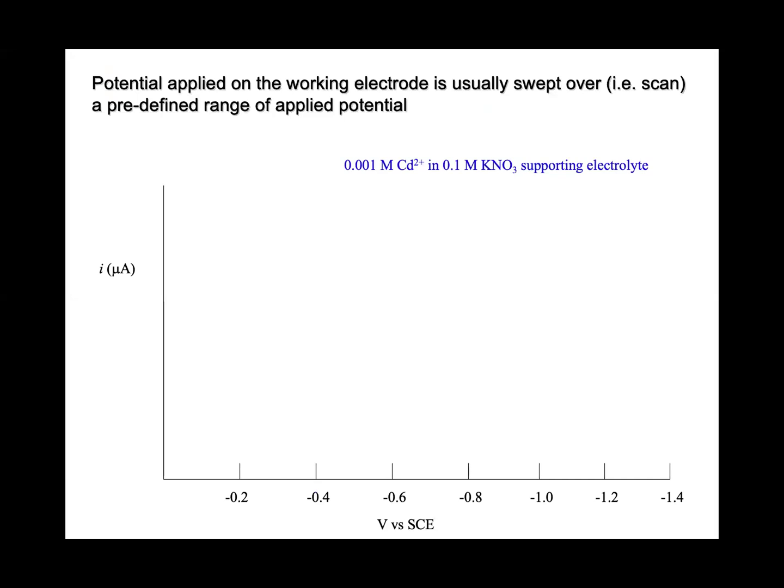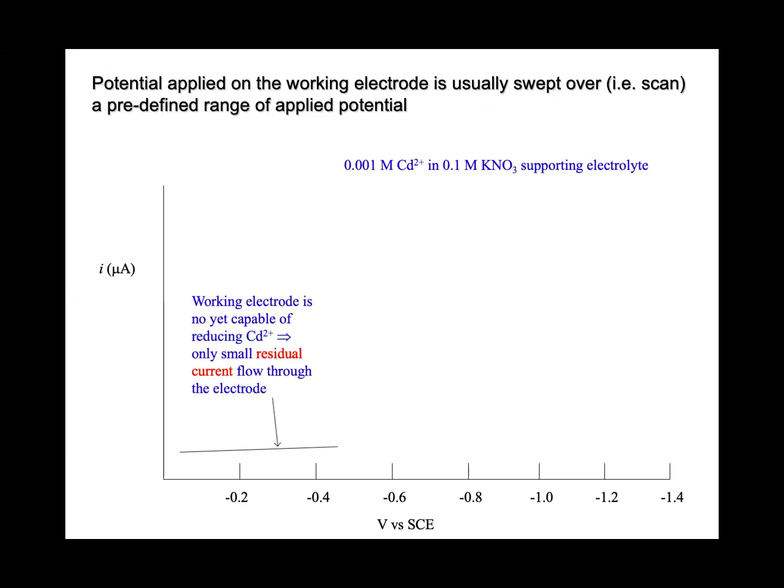This is the one that we last discussed. We can see that from the beginning, the working electrode is not yet capable of reducing cadmium 2 plus, because the potential is not enough. Probably it's not zero because of the residual current. Why do we have residual current?